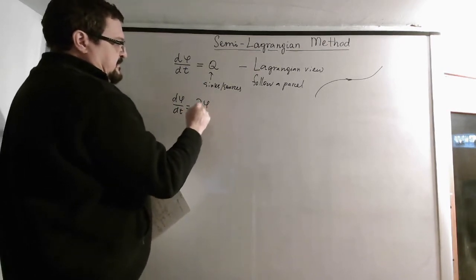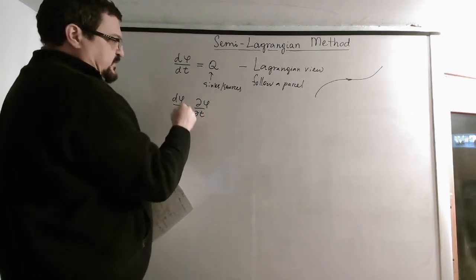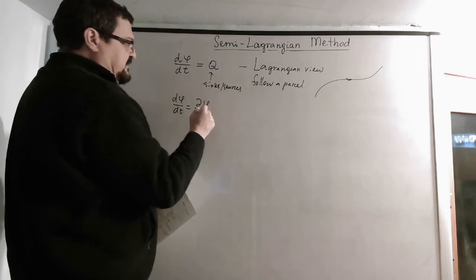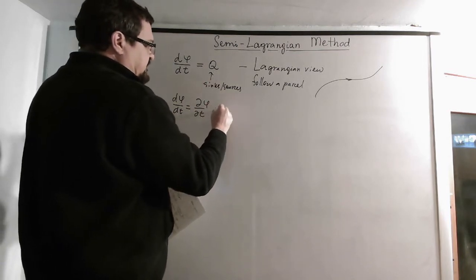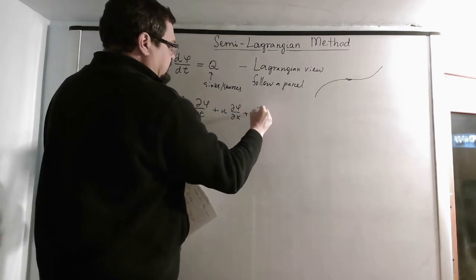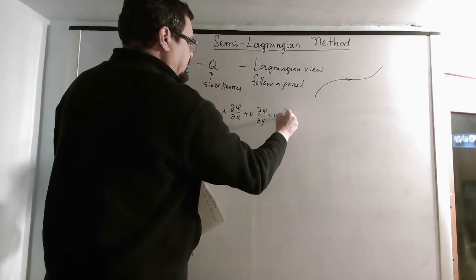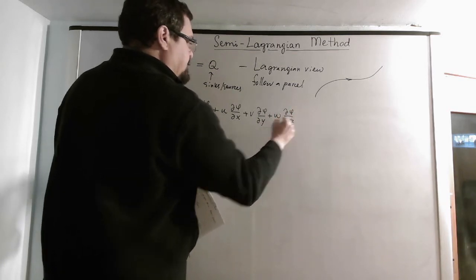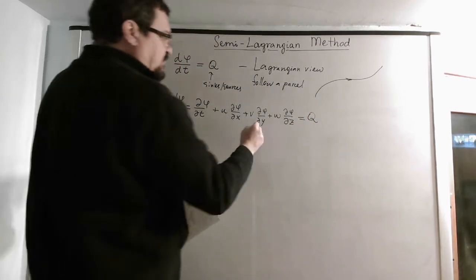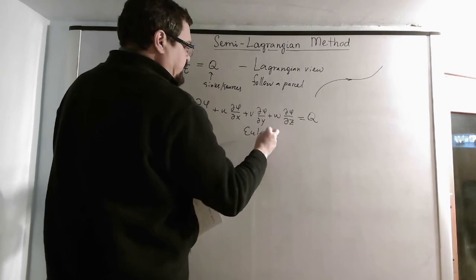Partial derivatives imply that other variables are frozen when you take the derivative in that variable, t or in space, plus u d phi dx plus v d phi dy plus w d phi dz equals this q. So this is the Eulerian way, or Eulerian view.